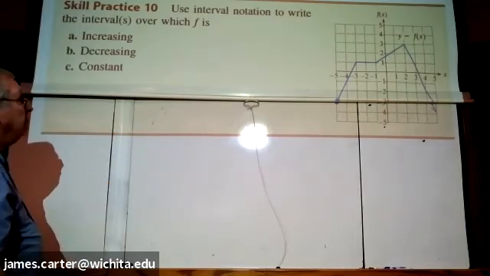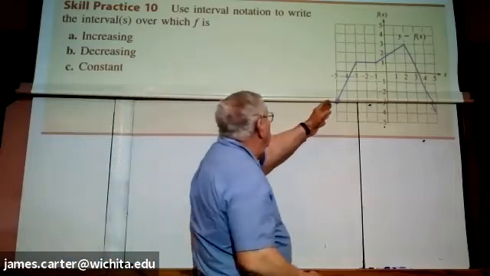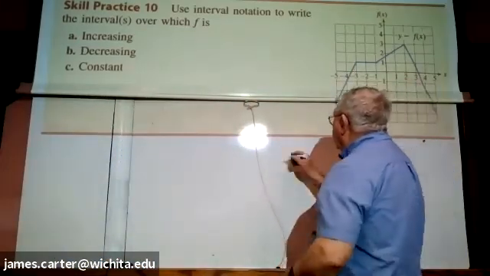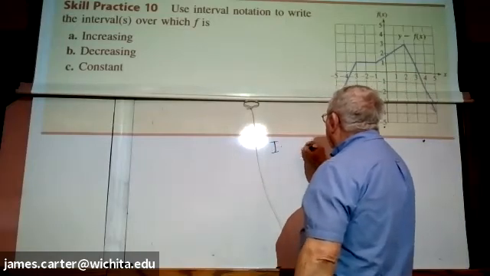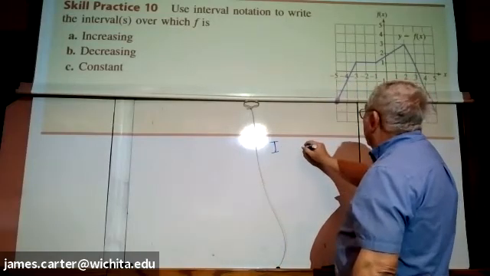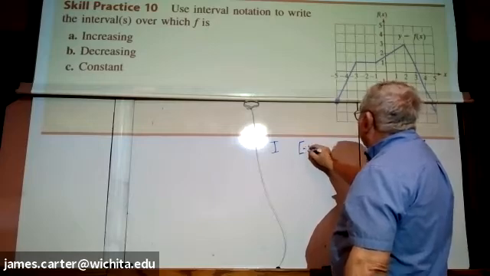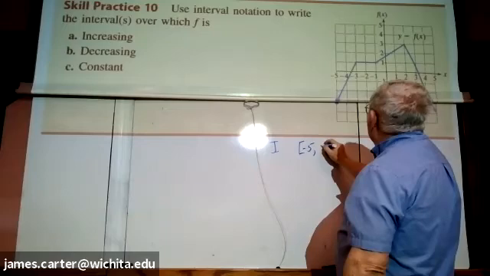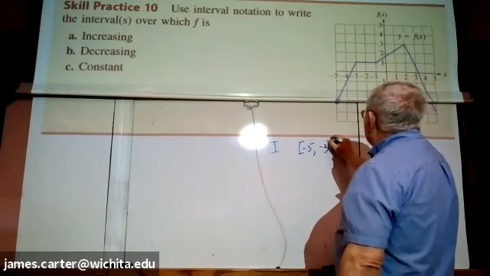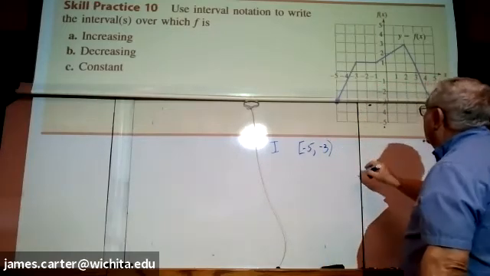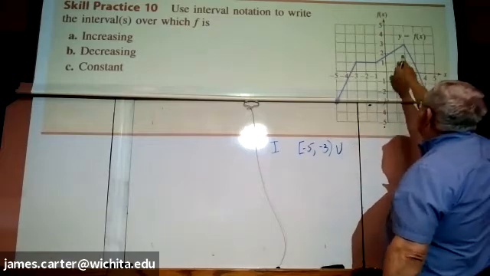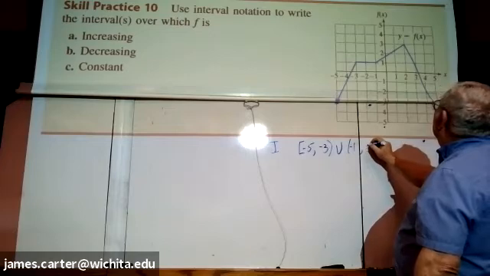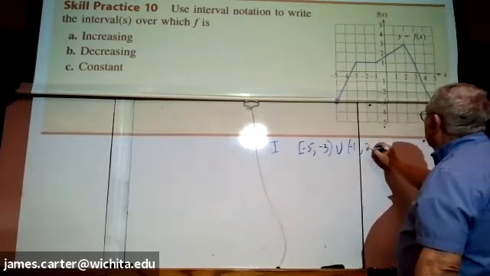Okay, here's our graph. On this one, left to right, it's increasing. So we would have from -5 inclusive to 3, -3. Union with this piece, -1 to 2.